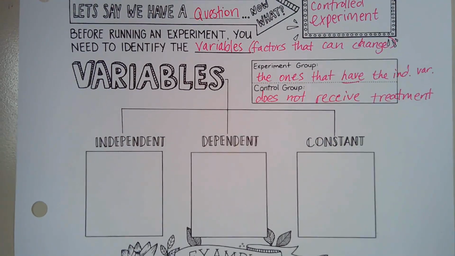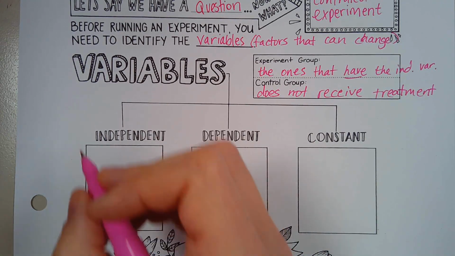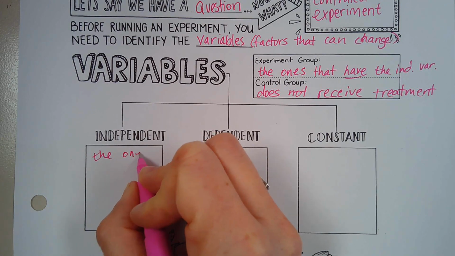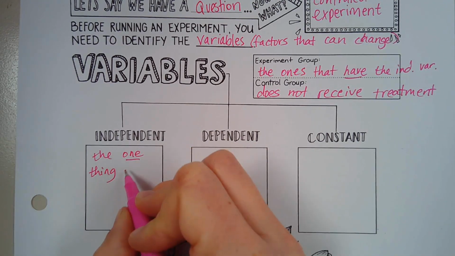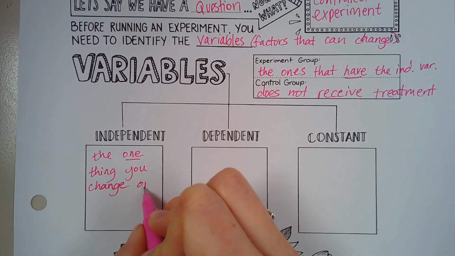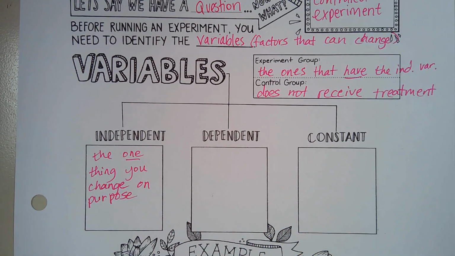Okay, so what are the different types of variables? One type of variable is the independent variable, and that is the one, there's only one in your experiment, the one thing you change, that you're able to change on purpose in an experiment, right?